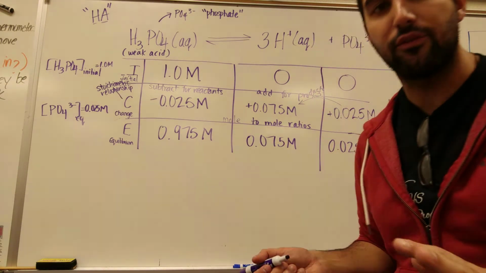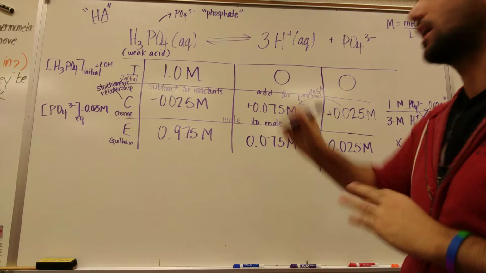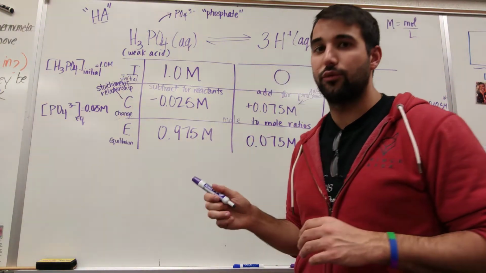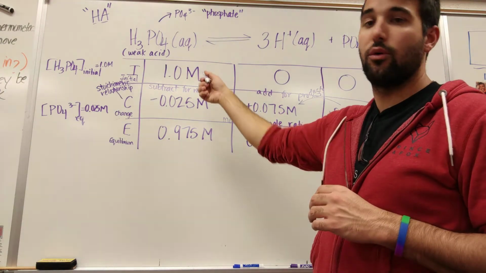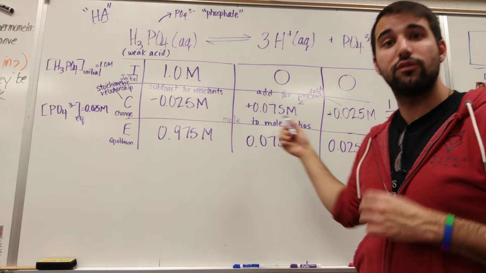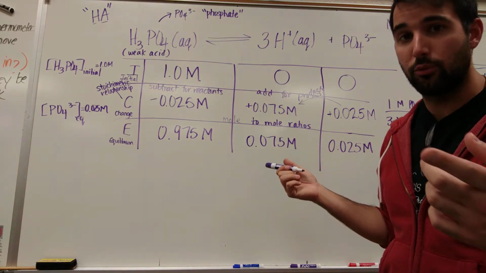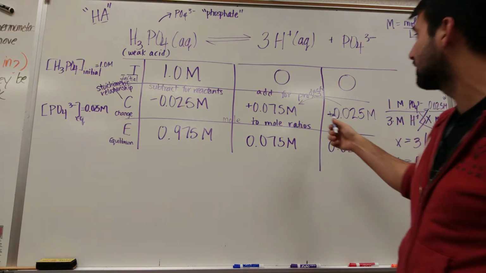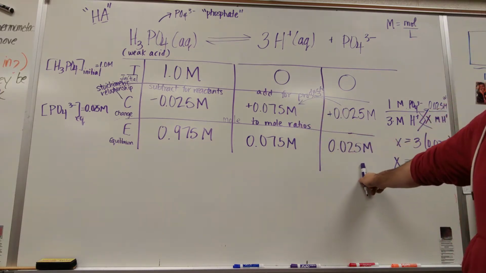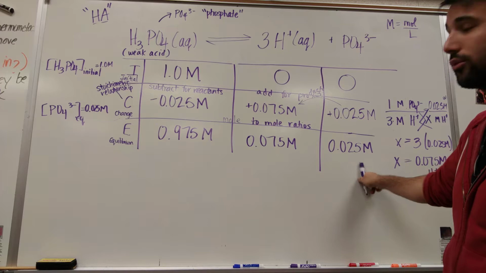That would be my equilibrium concentration. So please be careful of my silly mistake. I put it in the wrong box. I did not make 0.025 molar of H3PO4. I only used it. So I use my change section with my mole to mole ratio. To repeat one more time to fix that mistake, I know where I got these two numbers from. I made 0.025 molar of PO4 3-.